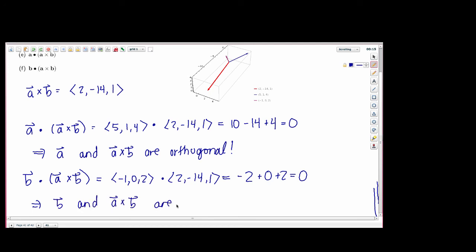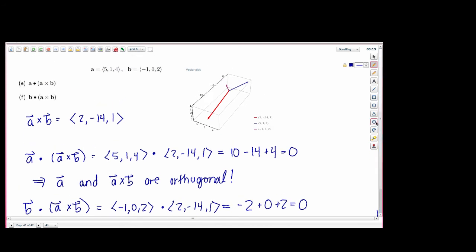And this is going to be an important property that we're going to study in more detail. So what we see here is that A cross B, the cross product, is orthogonal to both A and B. So this cross product is a vector that's orthogonal to both of our original vectors.